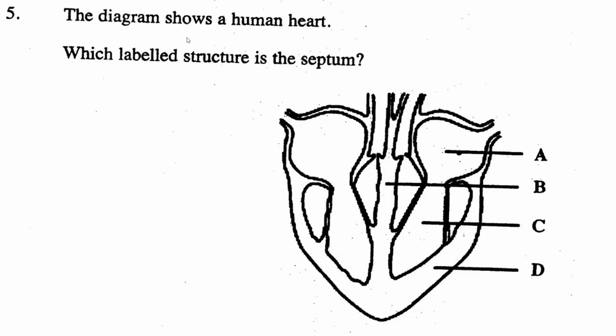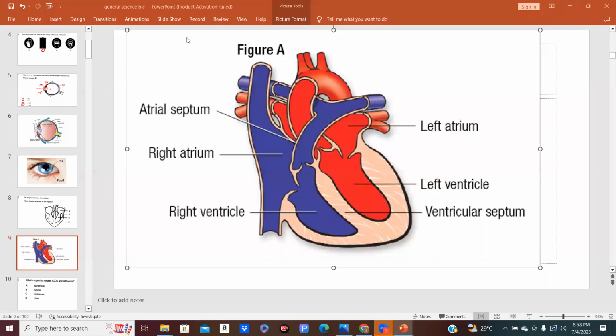So in diagrams, let me show you. They give them different colors. Some diagrams have the oxygenated blood as red and deoxygenated blood as purple or dark or blue, like in this picture.